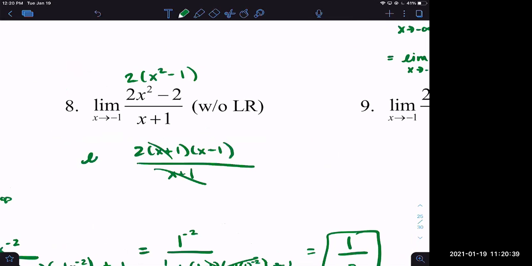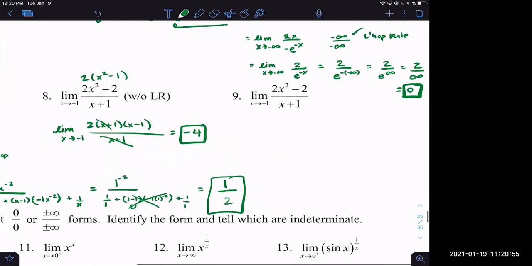So you're still always welcome to do our previous methods. If that stands out to you as faster, go ahead and do that. We plug in negative 1, what would our answer be? Negative 4. And they're just saying, okay, well, now try that same question using L'Hopital's rule. Because if we were to plug in negative 1, we would get 0 over 0.